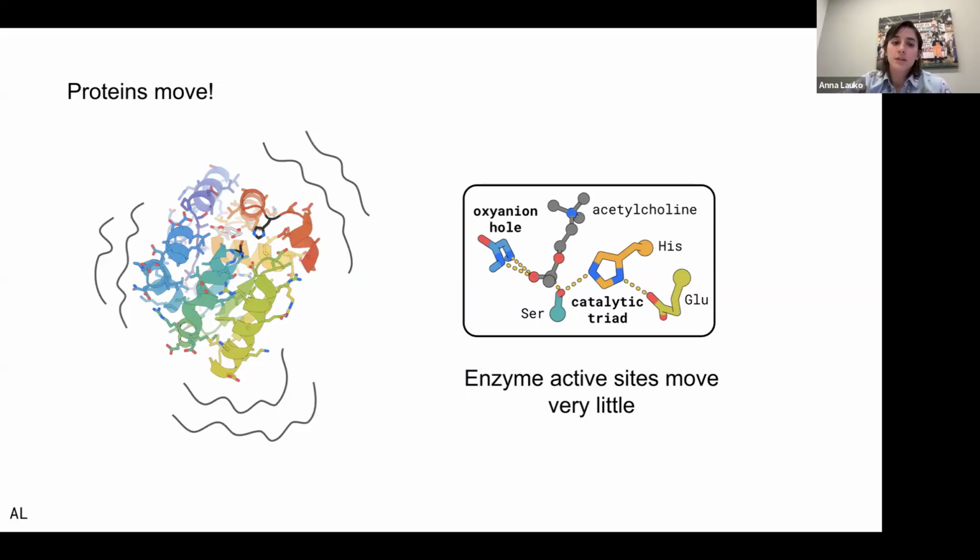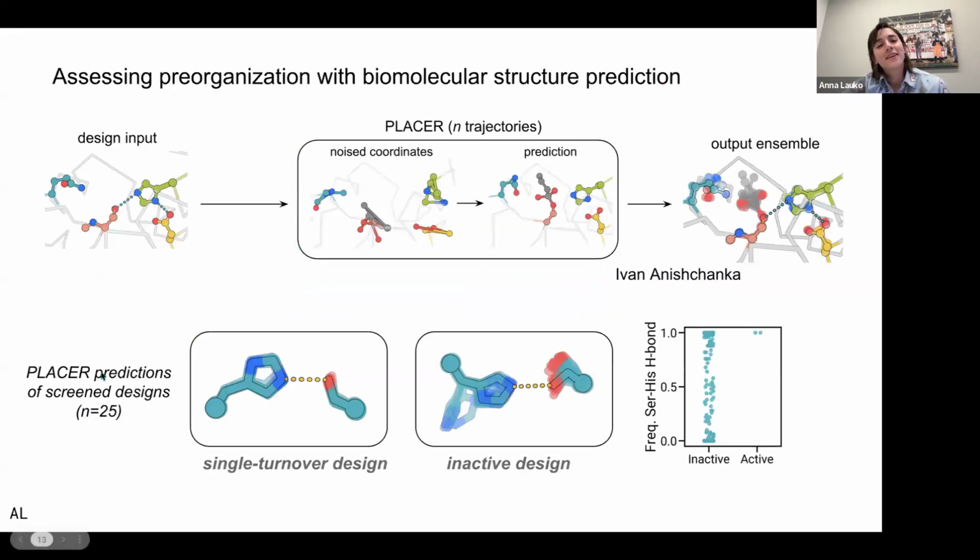And so we wanted to know if we could somehow evaluate whether or not our designs were pre-organized. Luckily, we had a research scientist in our lab, Ivan Onishchenko, who was developing this deep learning model called Placer. Placer took in a structural input, for example our design active site, and it would predict the conformation of the side chains and any small molecules in the active site.